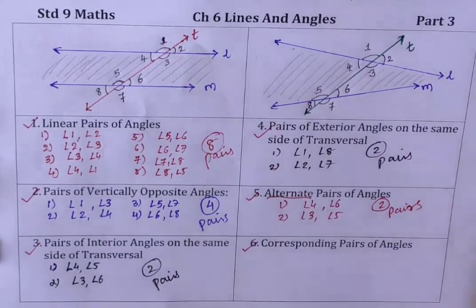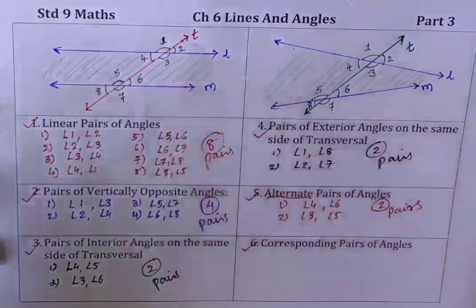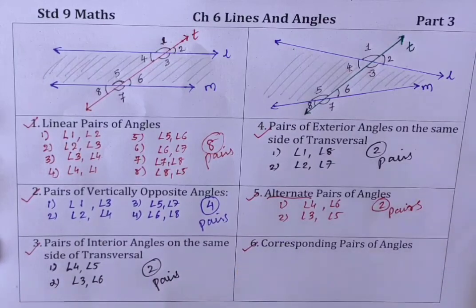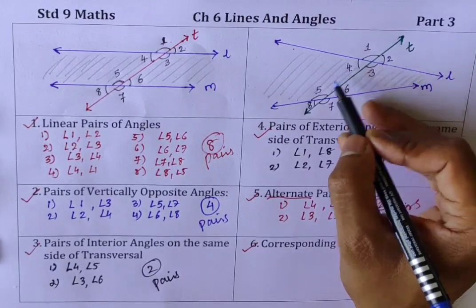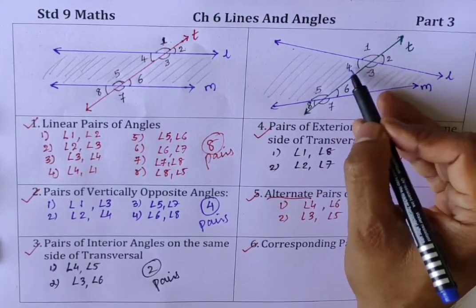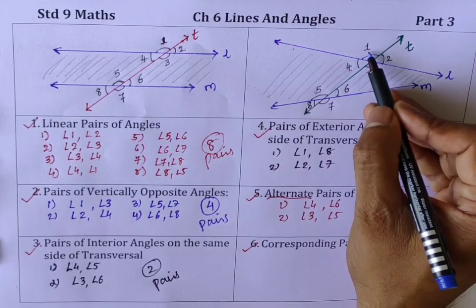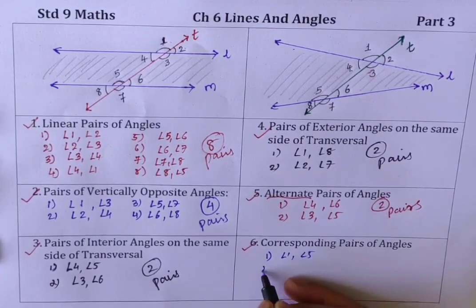All right. One more pair, that is the corresponding pair of angles. They are on the same side of the transversal, one in the interior, the other in the exterior, and not forming a linear pair. So leave this interior one and take the other one, because taking them together would make a linear pair. Correct? So the first is angle 1 and angle 5.